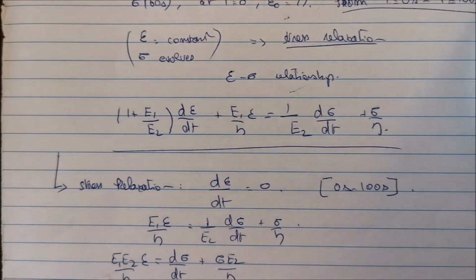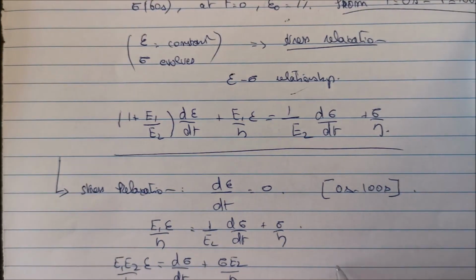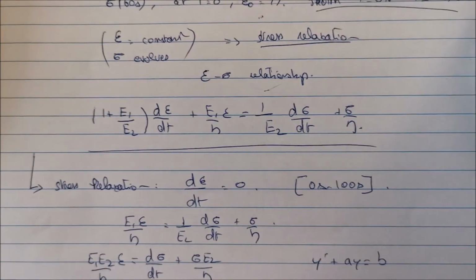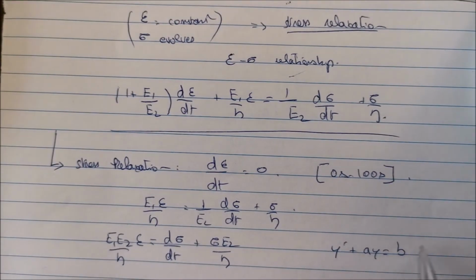For this type of form, we can use the following expression: y prime plus ay equal b. We can integrate and solve it using this general expression.